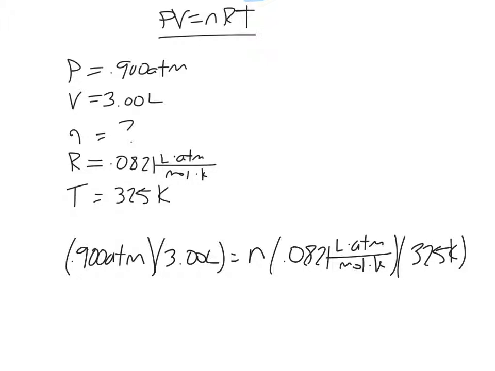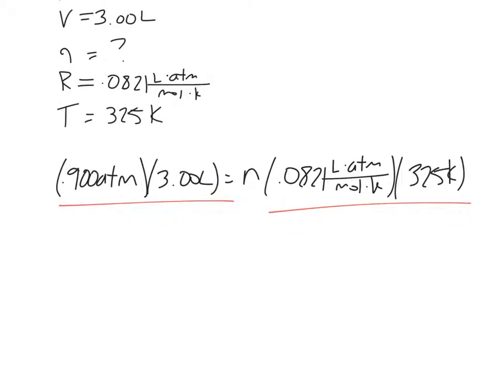Now in red, I'm going to do my work, and the first thing I'm going to do is multiply these two together over here, and then I'm going to multiply these two over here, so I can get my numbers smaller and then solve for n. So the first thing I do is multiply the left-hand side, and I get 2.7. Now the units are still atmospheres times liters, but that's fine. Nothing to worry about there.